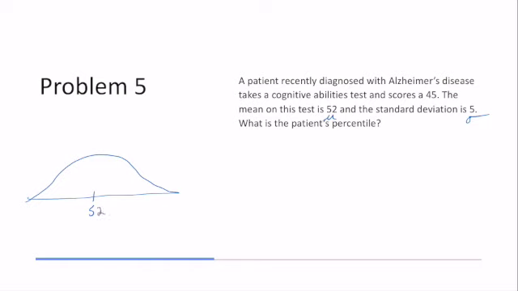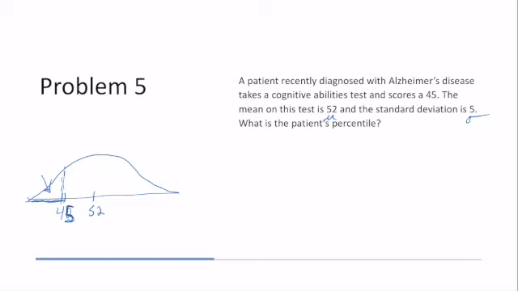I have a patient who scores a 45, and I want to know what percentile this marks. If I find the area less than 45, this will tell me what percentage of patients would score less than 45, and therefore our percentile.